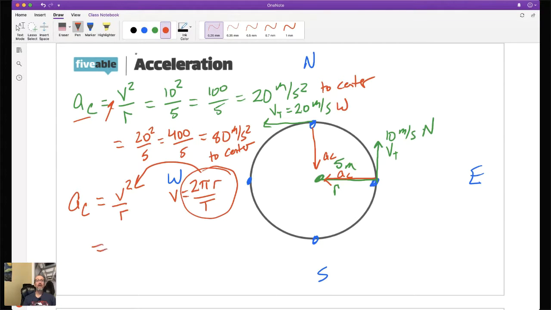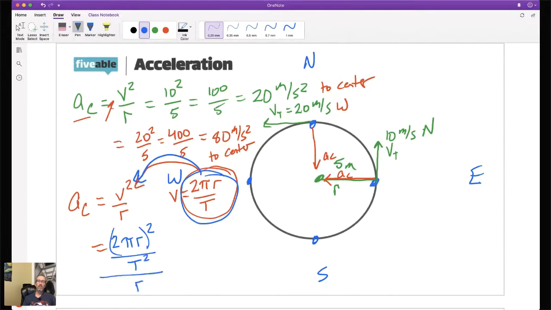If you plug everything in, so let's take this and substitute it in, we've got 2 pi r, and we're going to square that whole thing, and then that's over t. So that we just put this right here into just the v squared part, and so that's t squared all over r.